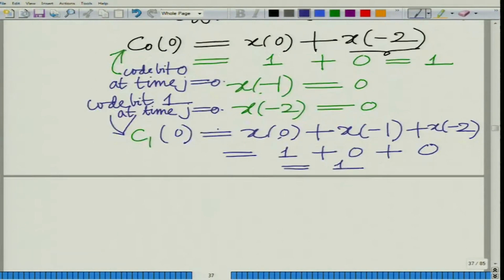So we have C0 of 0 equal to 1, and C1 of 0 equal to 1.